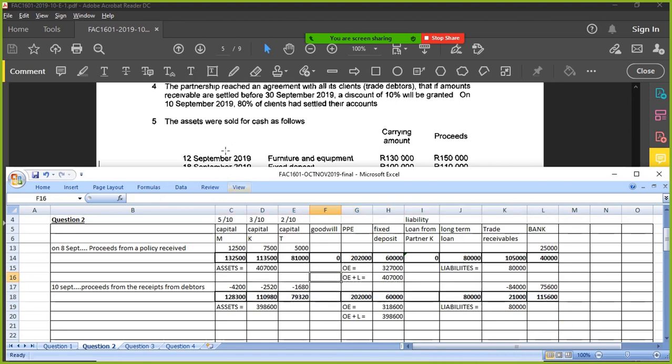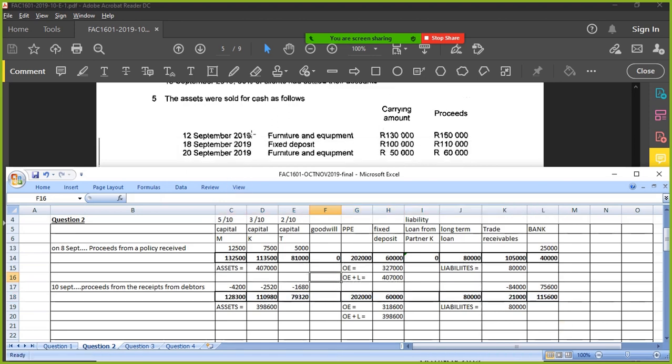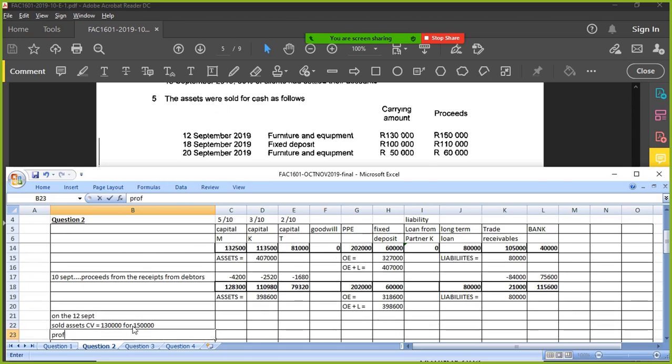Okay, that's correct. Next. Alright, point number 5, the assets were sold for cash as follows. On the 12th, sold assets with carrying value equal to 130 for 150. So profit on the sale equals 20,000.